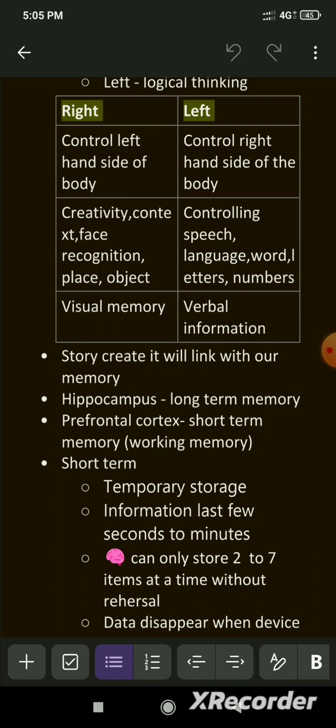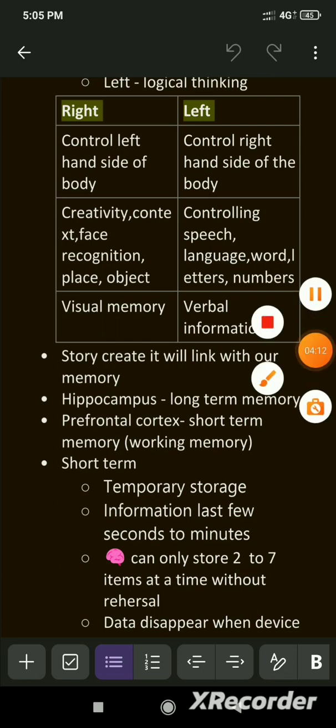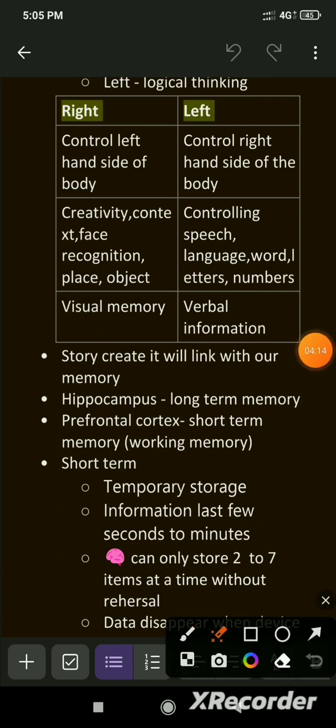I have created a table like this to link the right and left sides of the brain.